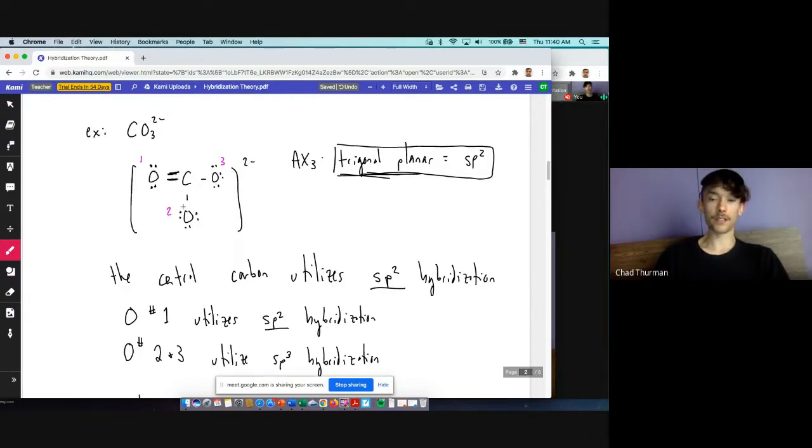The double bond here comes from the fact that the carbon and the oxygen each have one of their sp2 orbitals that directly overlaps head-on, but then they each have an unhybridized leftover normal p orbital that's going to interact indirectly, and that's called a pi bond. So the fact that they both have sp2 allows them to form that double bond, allows them to form the pi bond.